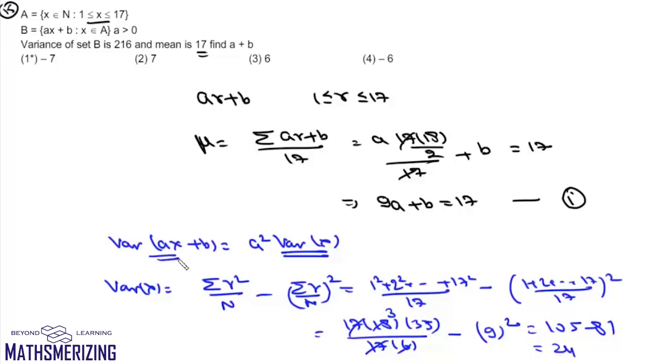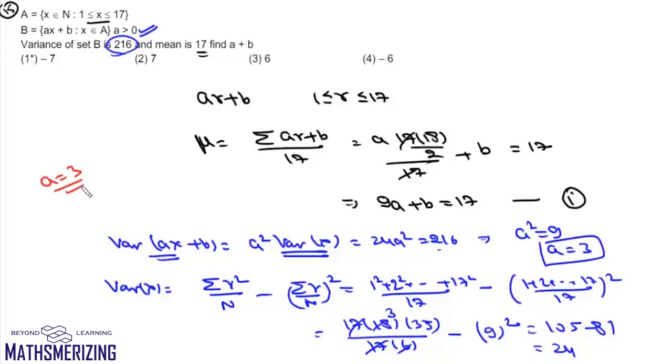So variance of AX plus B will be 24A square, and it is given that this variance is 216. Now 216 divided by 24 is 9. So we get A square is 9. So the value of A will be 3, since it is given that A is greater than 0. So now we have A as 3, and if we put A as 3 here, it will be 27. The value of B will be minus 10.